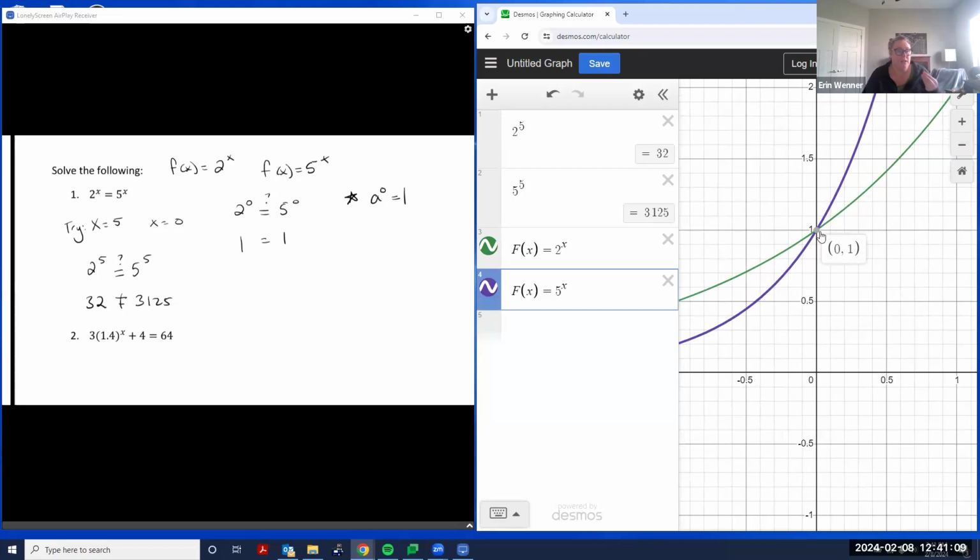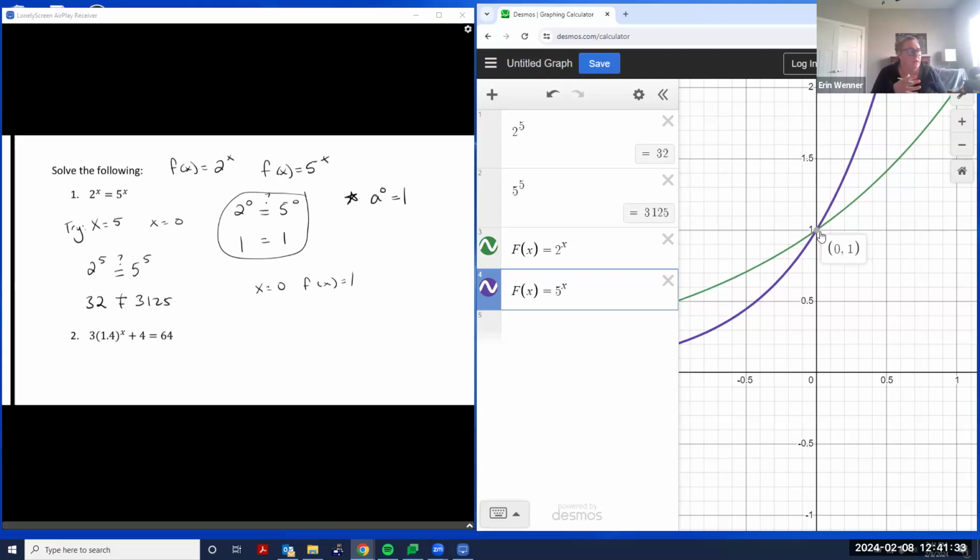Well, what that tells us is that the value of x that makes them both true is x equals 0, which we saw when we did the calculation. When we let x equal 0, f of x is equal to 1. That's what that ordered pair of 0, 1 is indicating.